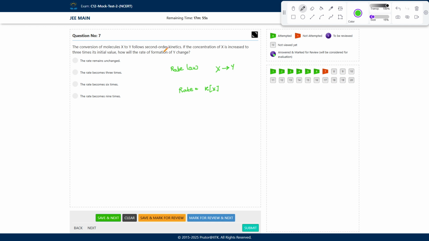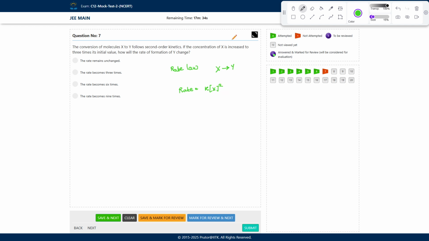Now we have mentioned in the question that it is following second order kinetics. That means the power of the concentration of X is going to be 2, because it is a second order reaction. So n is going to be 2, X to the power 2.